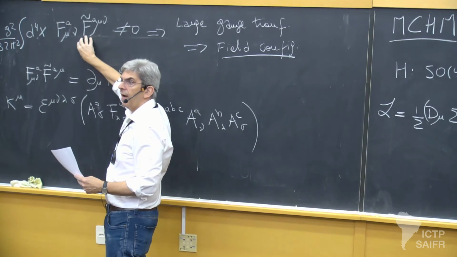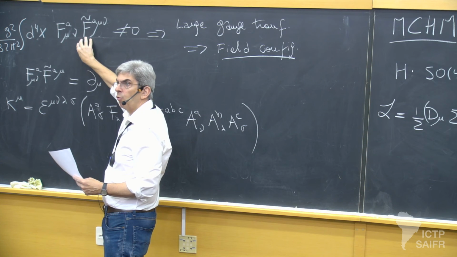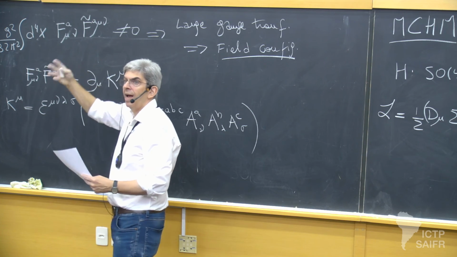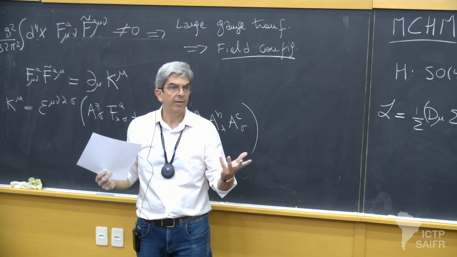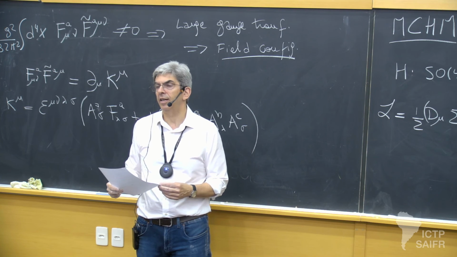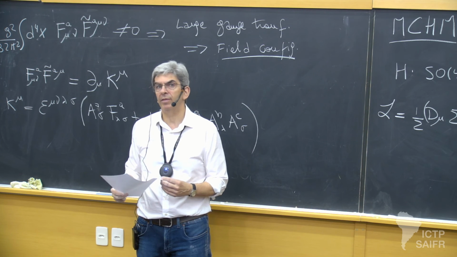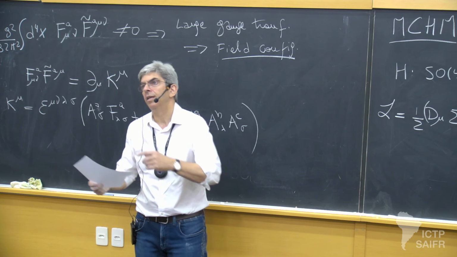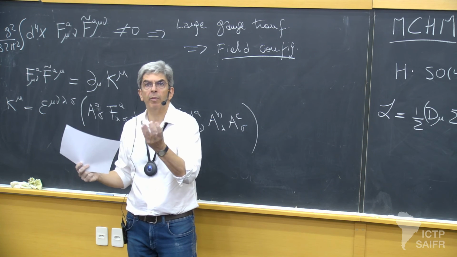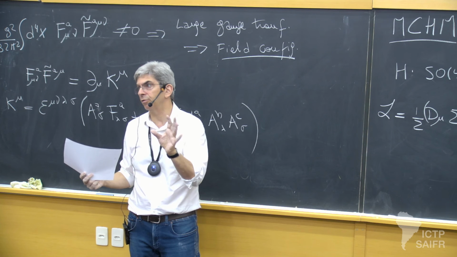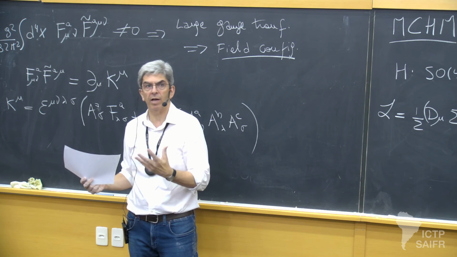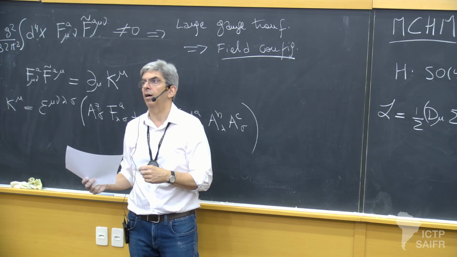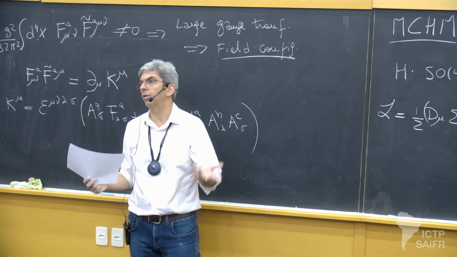Now, somebody asked, why doesn't this happen for U(1)? It doesn't happen for U(1) because you don't have non-contractible mappings in U(1). All the mappings are trivially contractible to a point, and so all of the topological charges are the same and equal to zero. But if you have an SU(2), there's always a solution that you can find in SU(2), or an SU(2) subgroup of your non-abelian gauge theory.